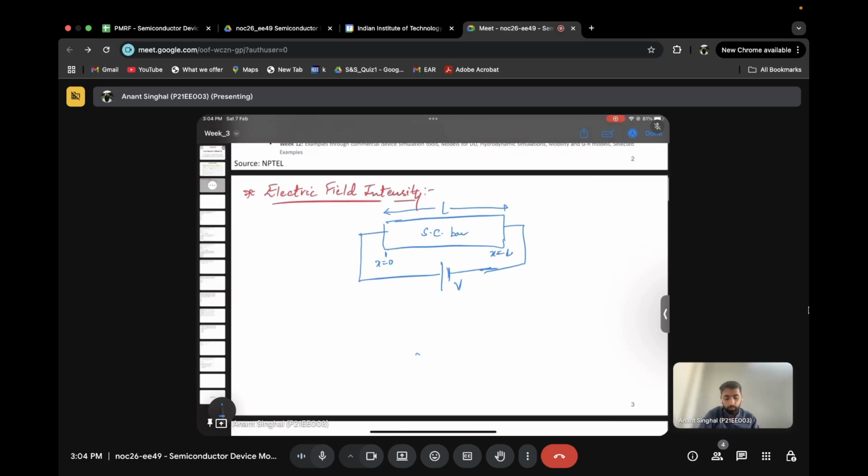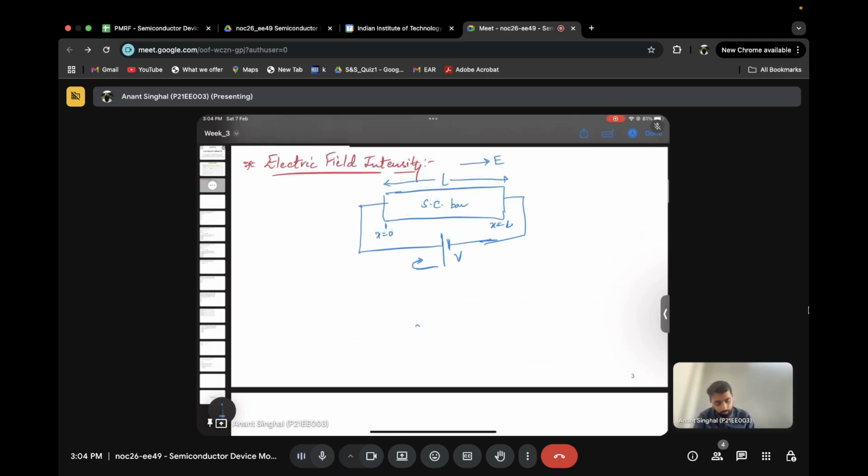So what is the electric field? Electric field is always from the higher potential to the lower potential. So if I make it in this form of the silicon bar, it should be from higher potential to the lower potential. Electric field is nothing but the change in voltage with respect to the position.